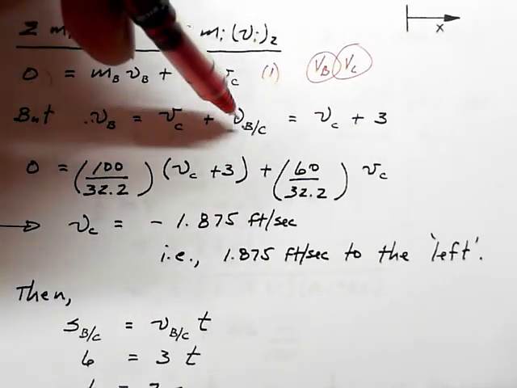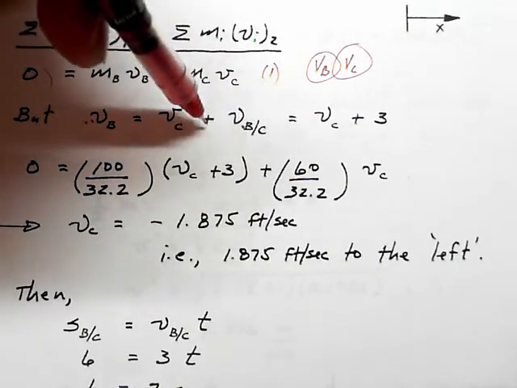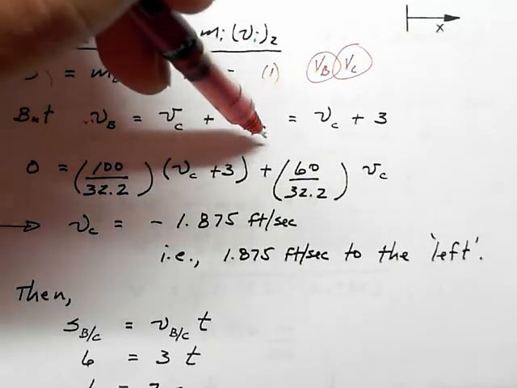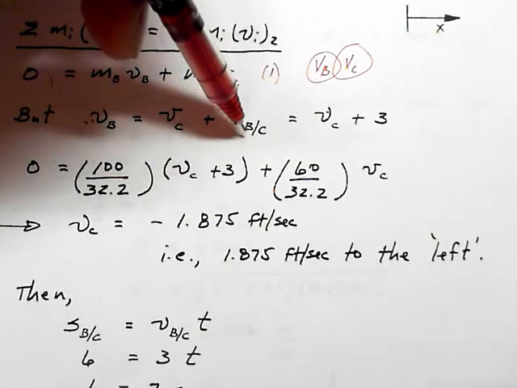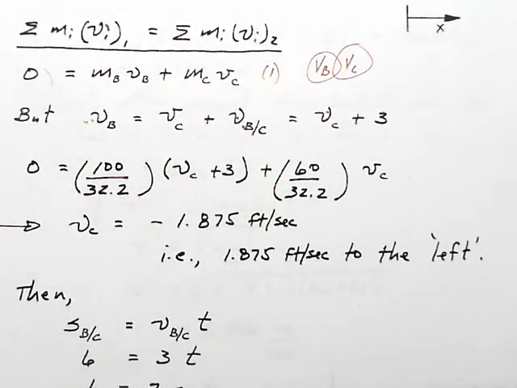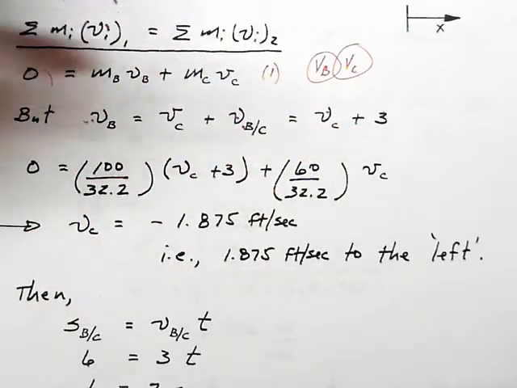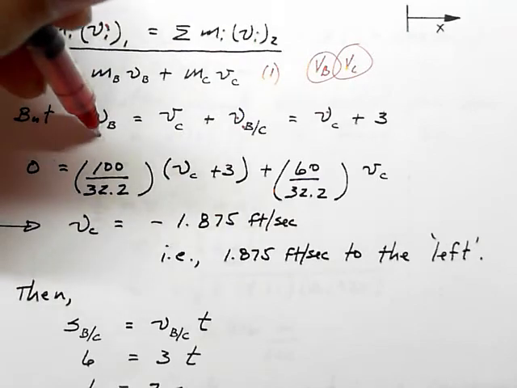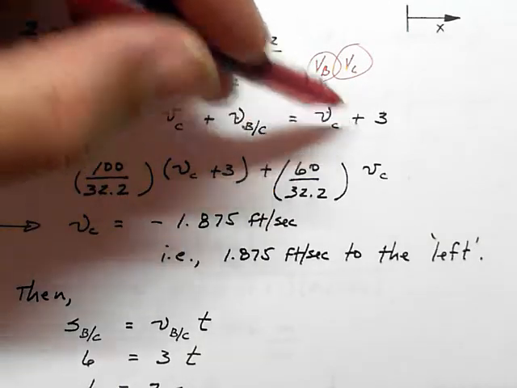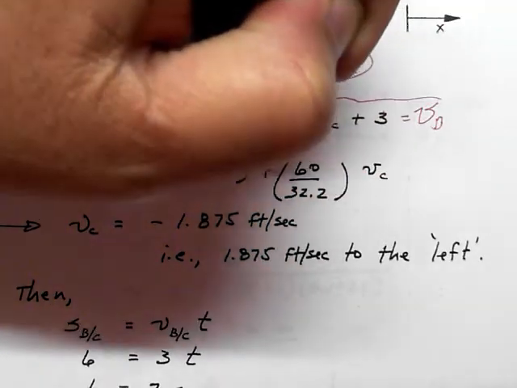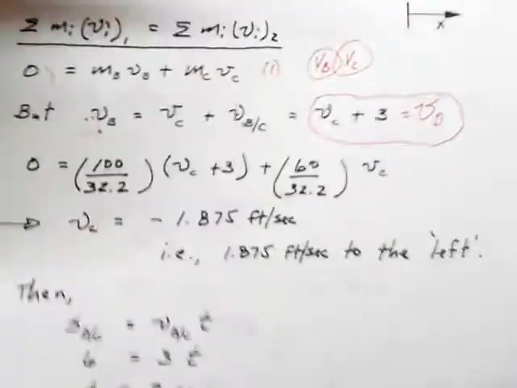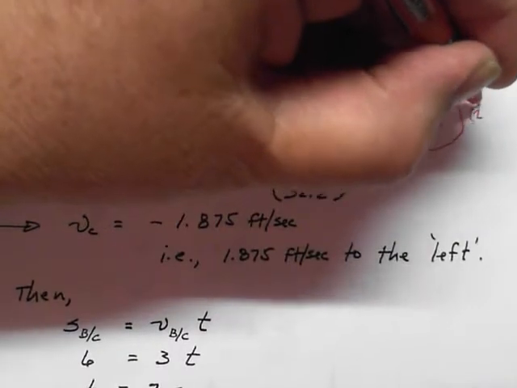And we will write this velocity of cart plus the relative velocity of the boy with respect to cart. We'll still leave this velocity of the cart here, but the relative velocity is a positive 3. So we have the velocity of the boy equals that. So let's just put velocity of the boy there. This is another equation. It's our equation number 2.